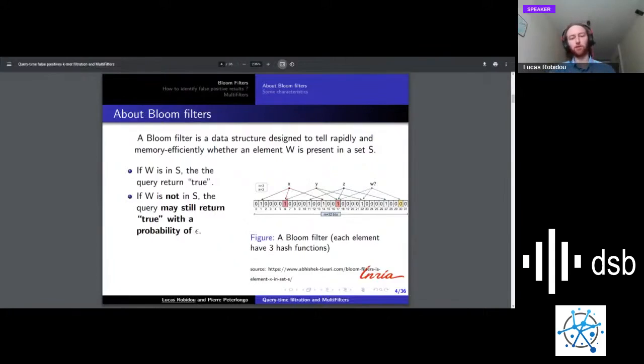If W is present in that set, the query returns true. If the element is not present, the query may still return true with a probability of epsilon. That's the definition of a false positive, and we would want epsilon to be as low as possible to reduce the number of false positives.